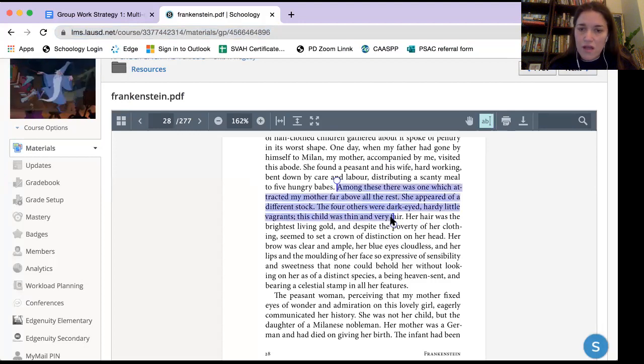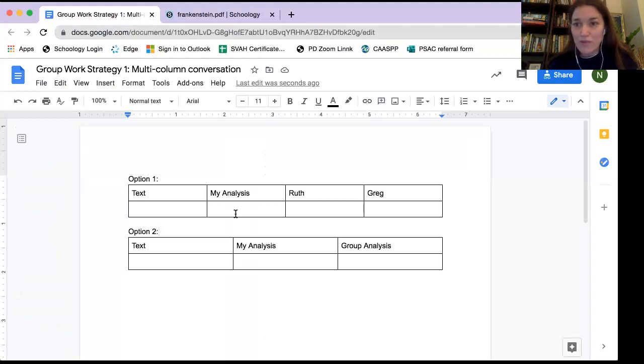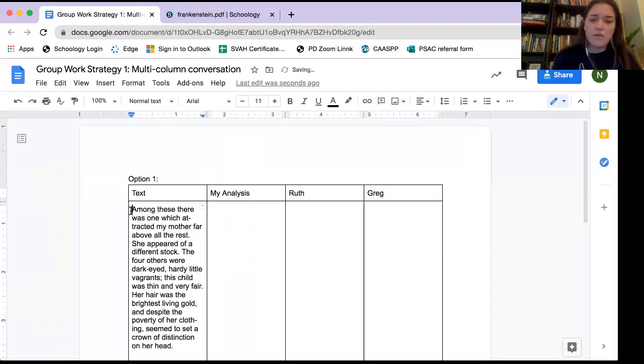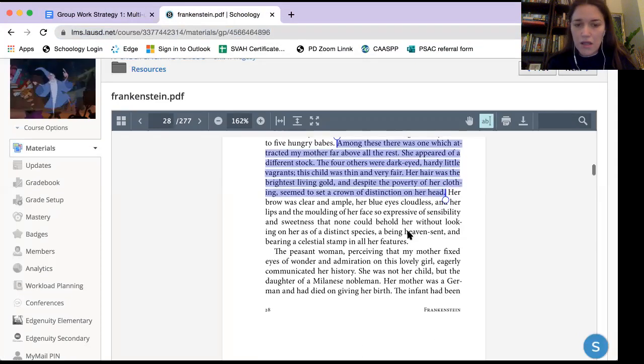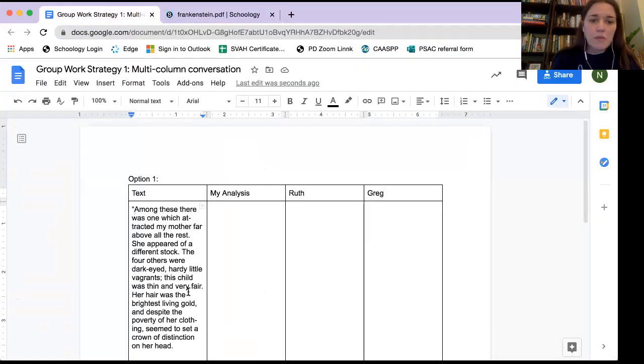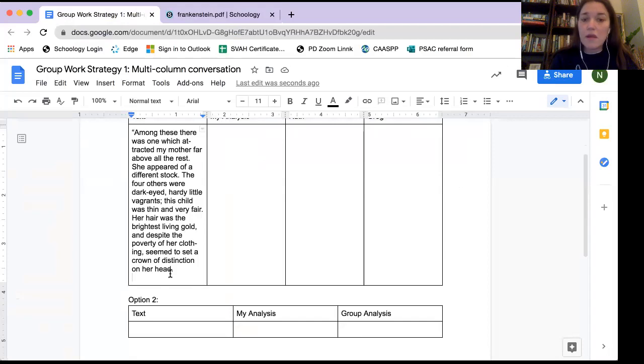She was very thin and fair, while the others were dark, and it ends up being clear that it's because of her social status. So I'm just going to paste that there. I'm going to put my quotations, and I'm also going to put my page number, 28. Is it actually 28? Yes, it is. Okay. So I'm going to put my page number at the end just to make my life easy later.